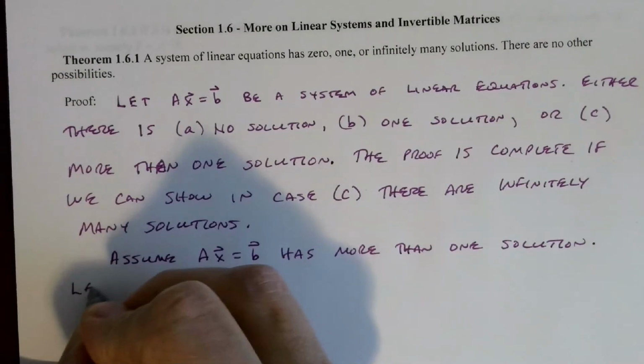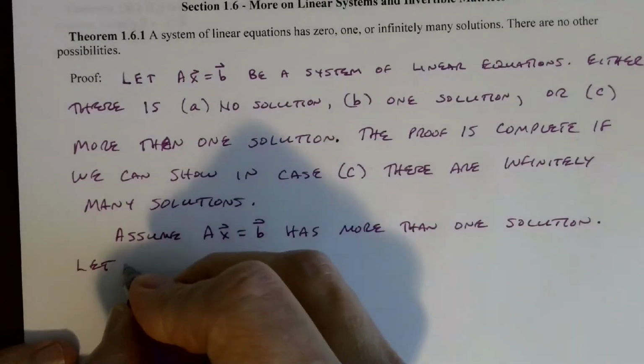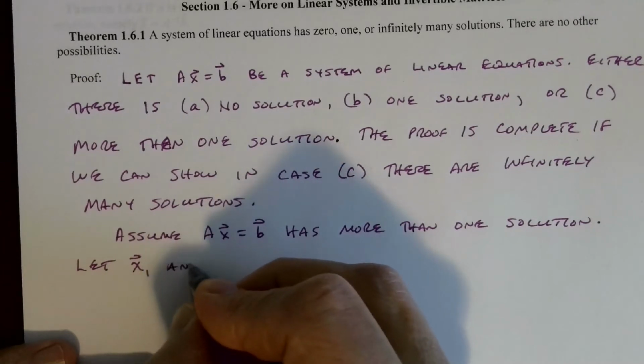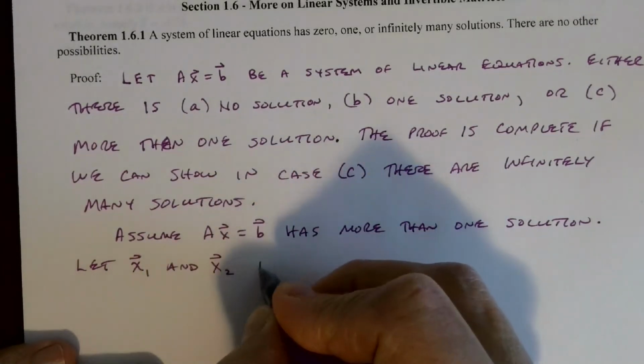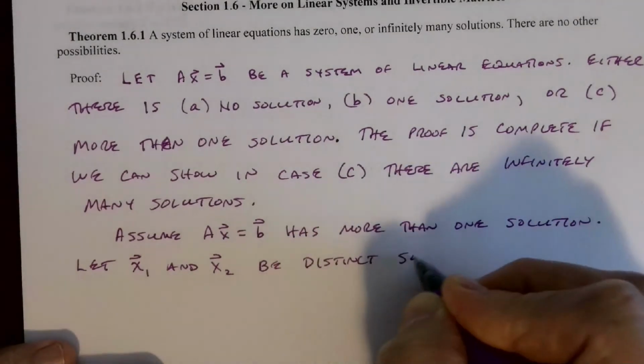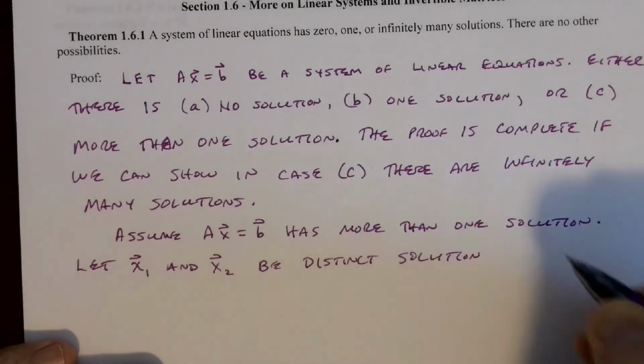Okay, so we have more than one solution, then we have at least two, and they're distinct, right? And that's important. So I'm going to let x sub 1 and x sub 2 be distinct solutions, so they're not exactly the same solution.